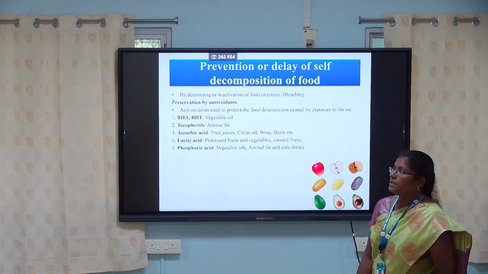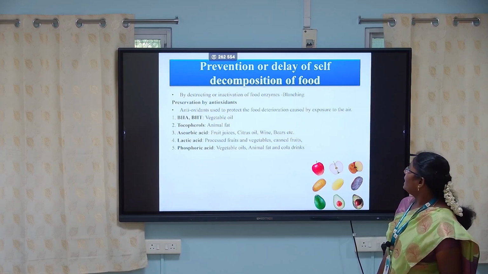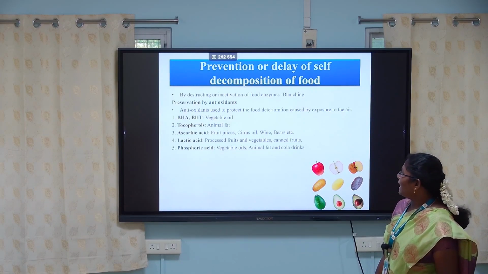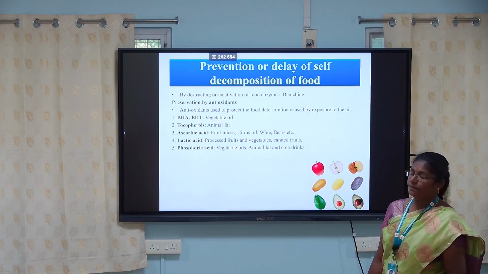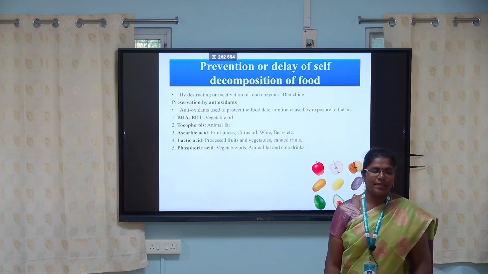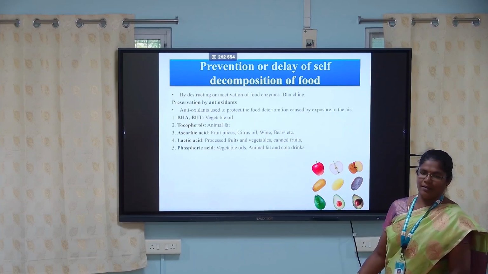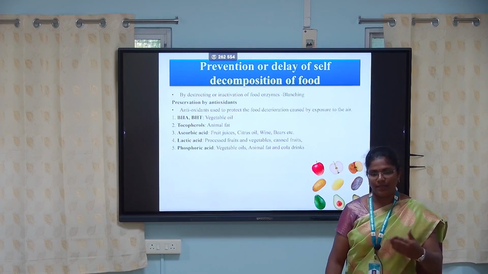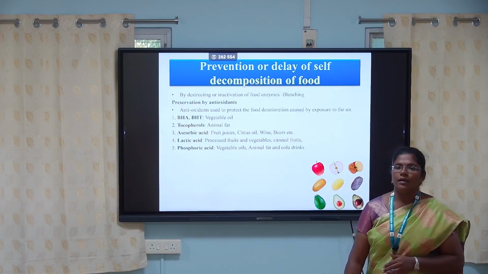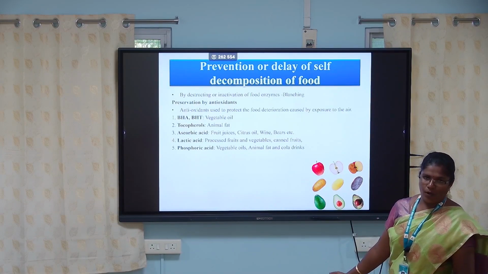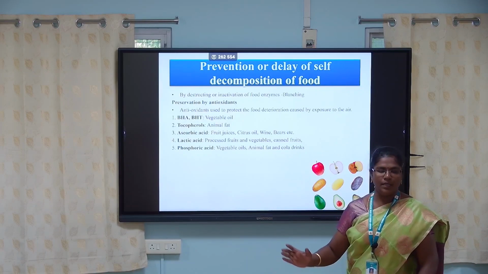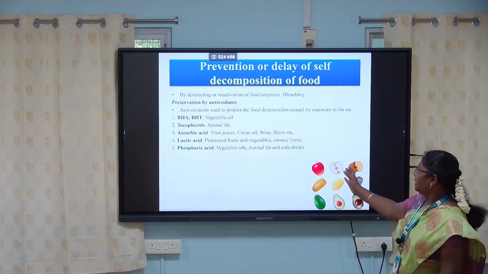So, next principle is prevention or delay of self decomposition of food, by destruction or inactivation of food enzymes. Once an apple is cut open, it is exposed to air, the oxygen reacts in the presence of air, and it causes browning. This process can be reduced with pre-treatments like blanching.